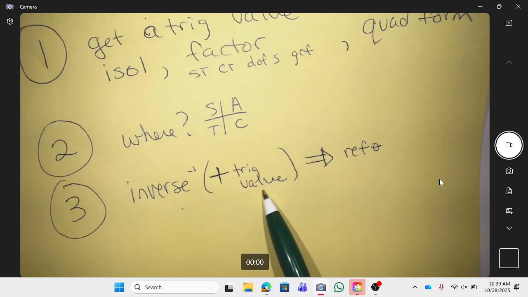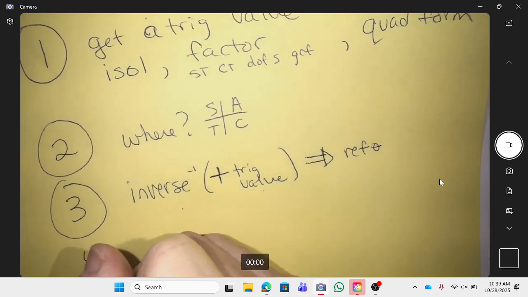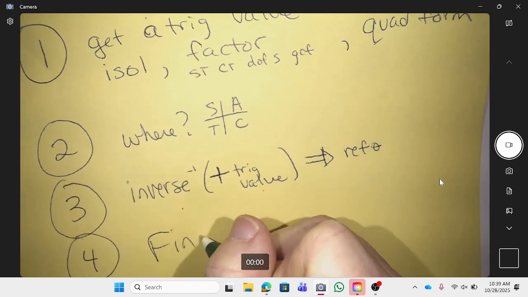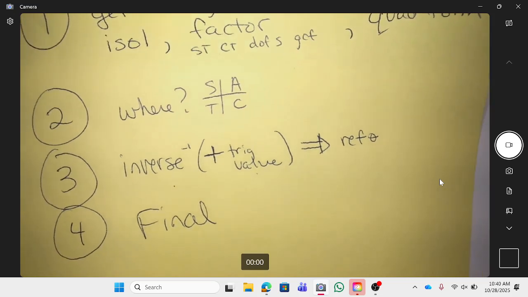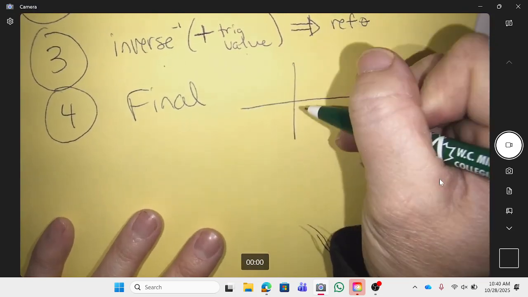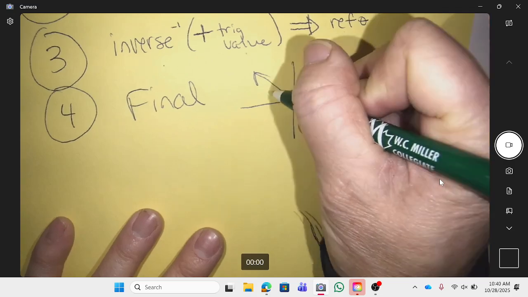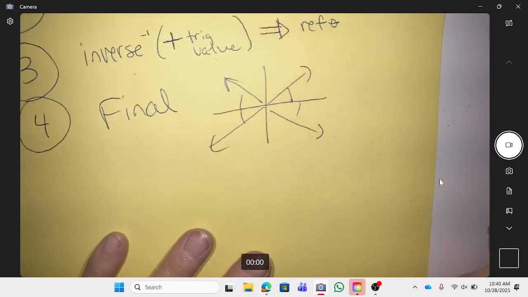Okay, we inversed to get to a reference angle. And then we did our final answer. So there's 4 options to get your final answer.